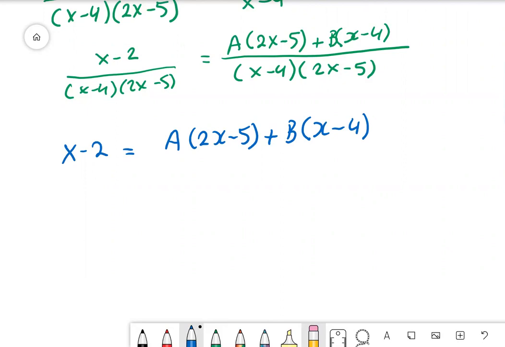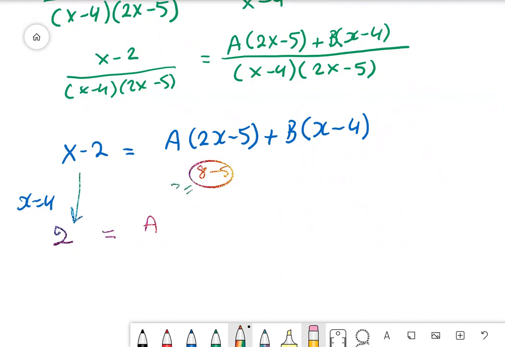So when x equals 4, then this becomes 4 minus 2 here. 4 minus 2 is 2, equals a times, well, basically there's going to be 8 minus 5, which is 3. So there's going to be 3a plus 0. And therefore, a equals 2 over 3.